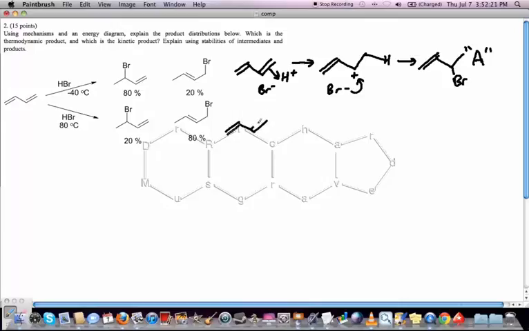Same situation again, the H plus will add to the double bond. The Br negative is here as well, but it won't do anything yet.